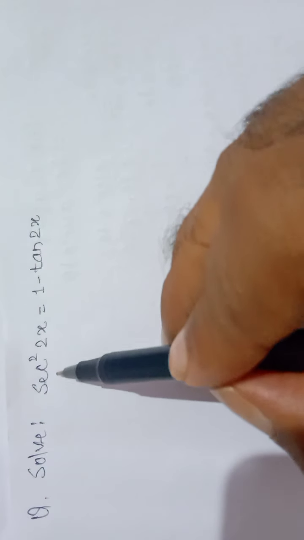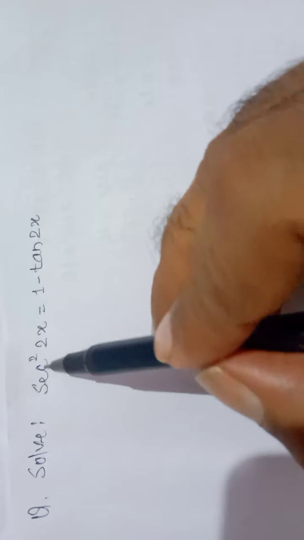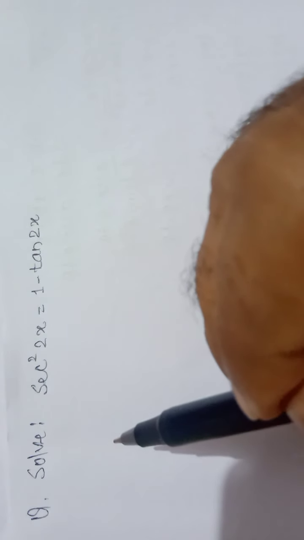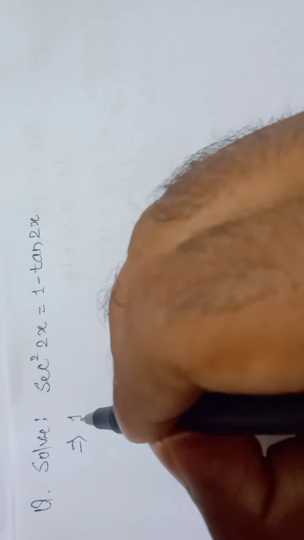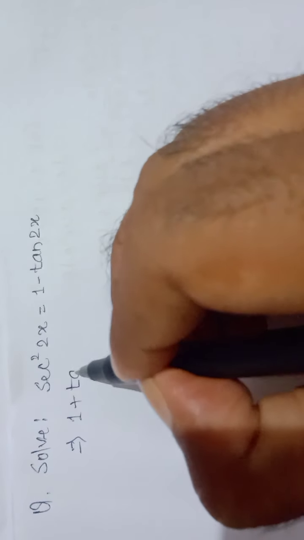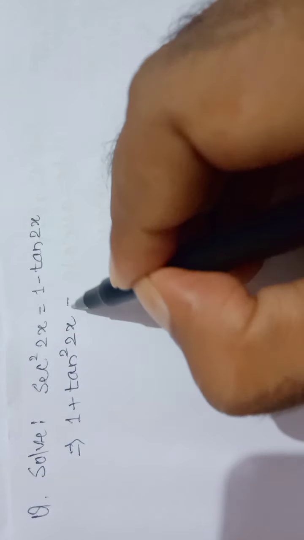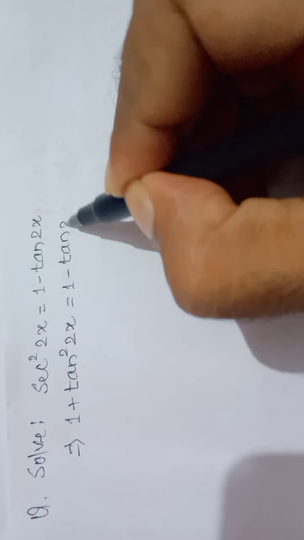Now apply the formula, children. As you know, sec square theta is 1 plus tan square theta. It means 1 plus tan square 2x is equal to 1 minus tan 2x.